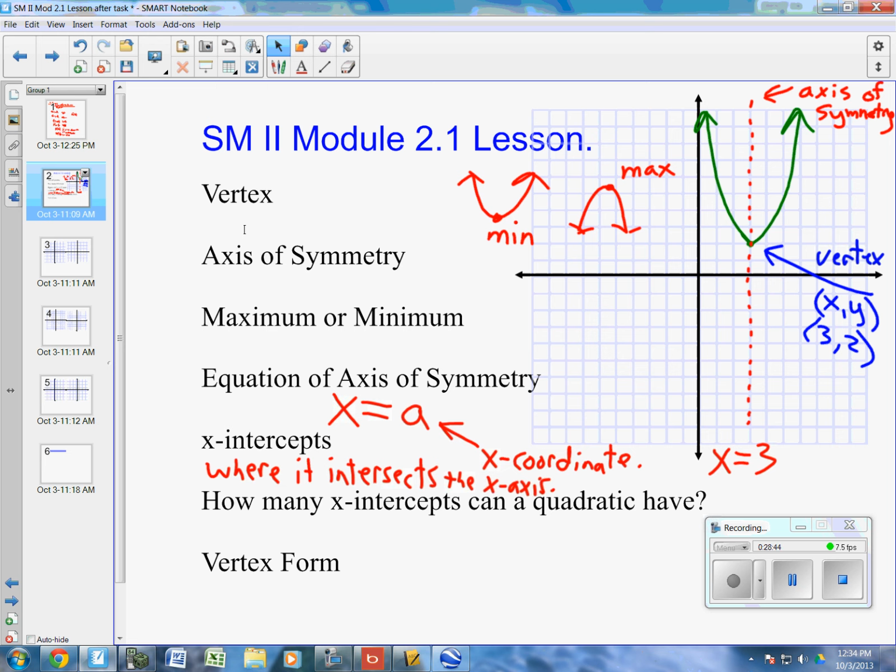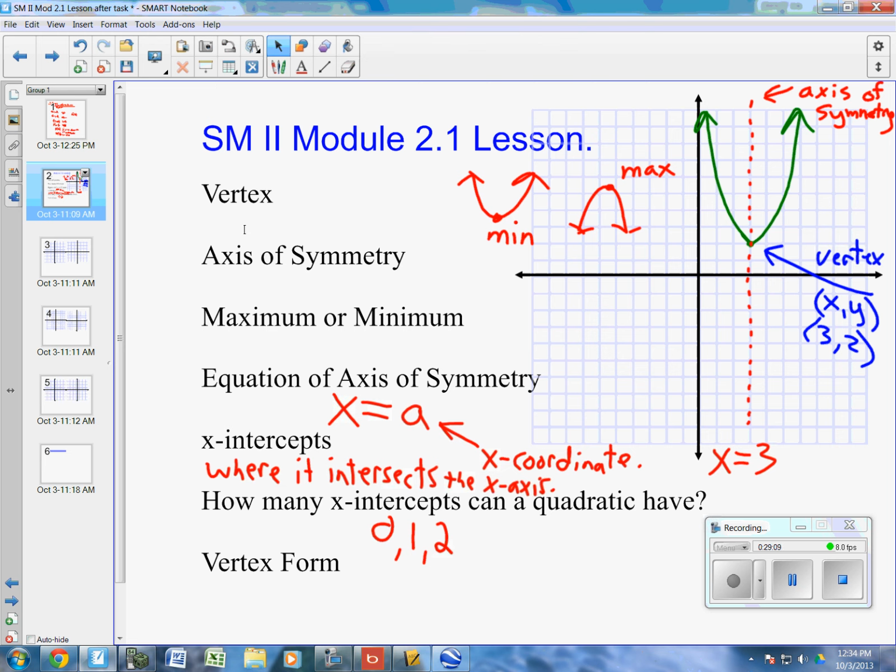How many x-intercepts can a quadratic equation have? At the most 2, right? What's the least number it can have? 0. Can it have 1? How? Yeah, if it touches. Okay? So it can have 0, 1, or 2 x-intercepts.